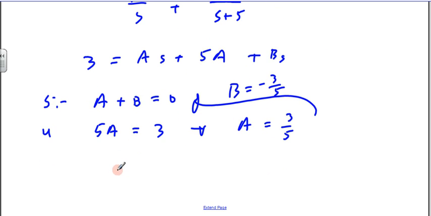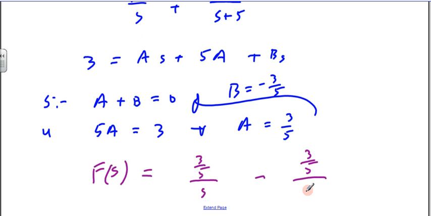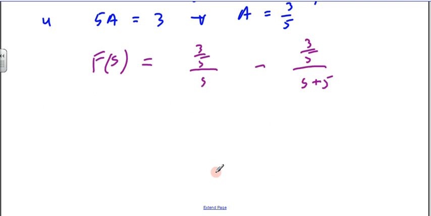And we have that f of s is equal to 3/5 over s minus 3/5 over s plus 5, and we're using, what are we using?